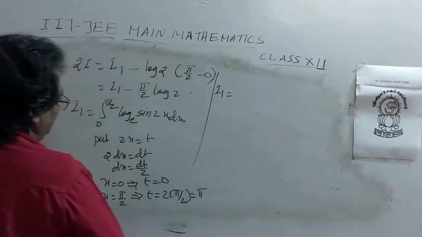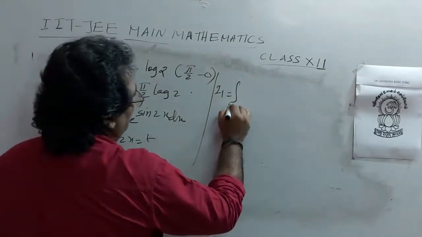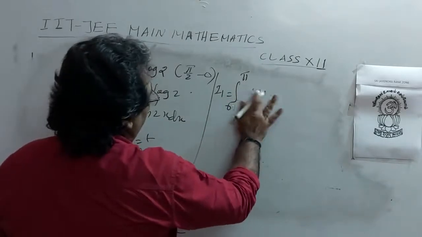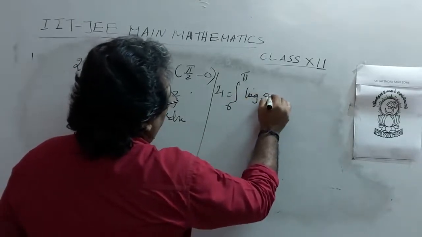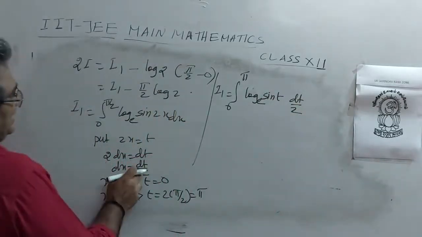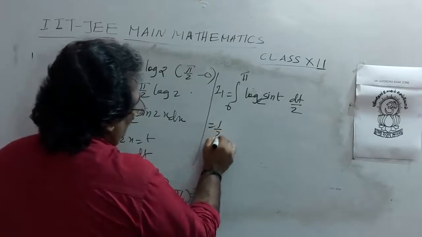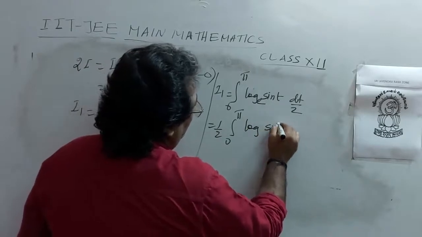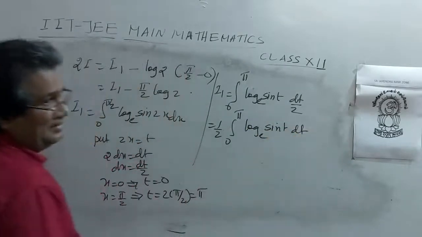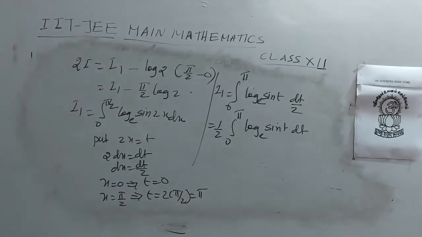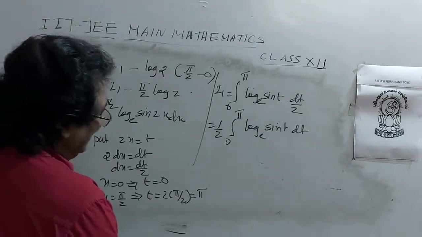Therefore, I1 equals integral 0 to pi log sin t into dt by 2, that is 1 by 2 integral 0 to pi log sin t dt.